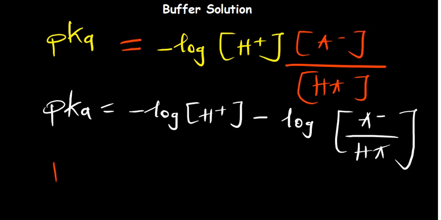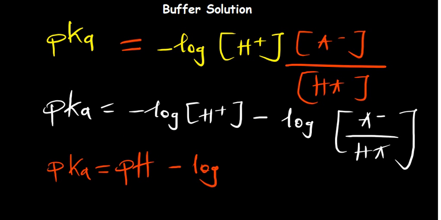Now at this level, I do understand that we basically understand the fact that whenever you're talking about the negative log of the proton concentration, or the hydrogen concentration, that denotes your pH. So we have a pH and then minus log.